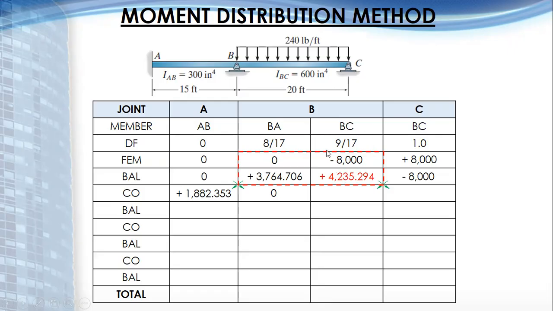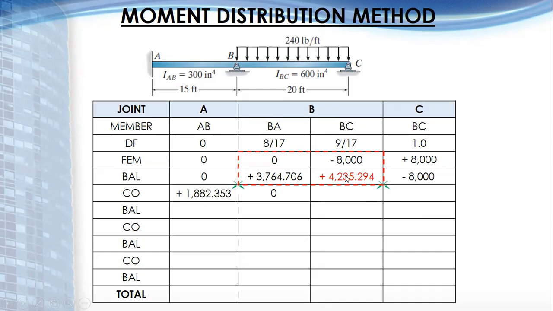The carryover moment sa BC going to CB is, oh, this is CB. Sorry. This must be CB. Okay. The carryover moment for a member with modified stiffness is 0.